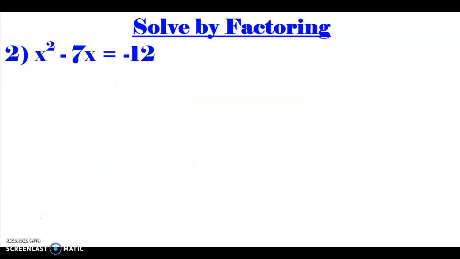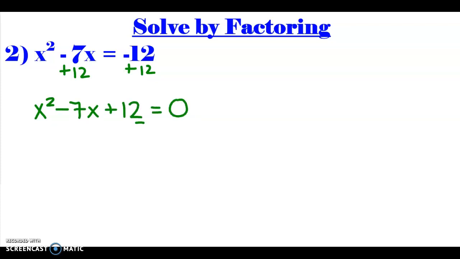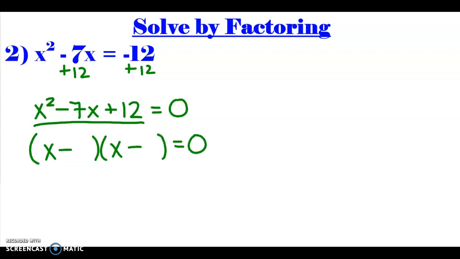Next one, solve by factoring. Well, the first step is you have to get it equal to 0. So I'm going to have to add over this 12 to get it equal to 0. So I'm looking at x squared minus 7x plus 12 equals 0. I have another riddle. So I'm going to go x minus, because if I'm multiplying to get a positive and adding to get a negative, I need a double negative.